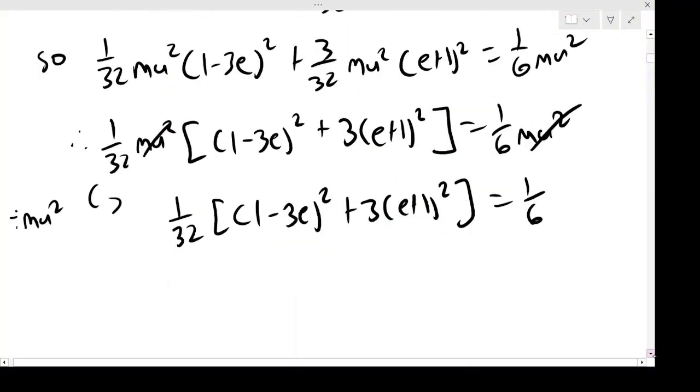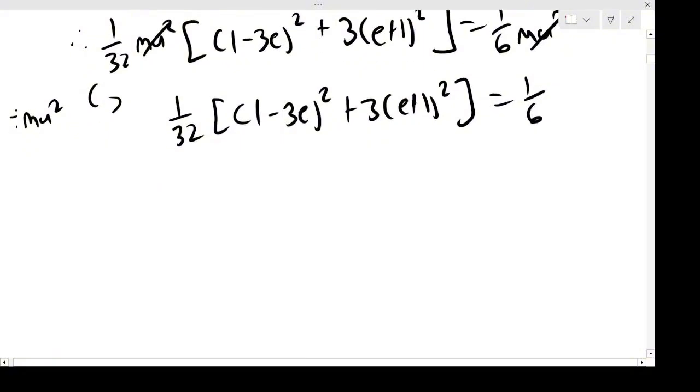Hopefully at this point it's a lot more comfortable, because you can see we're just going to have to solve a quadratic. But firstly, let me multiply both sides by 32 to get rid of the fractions.